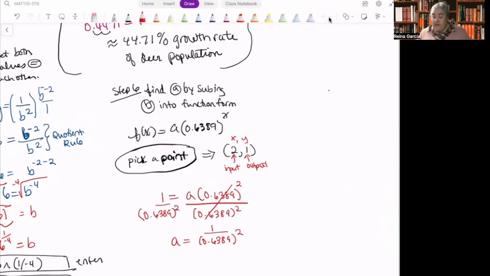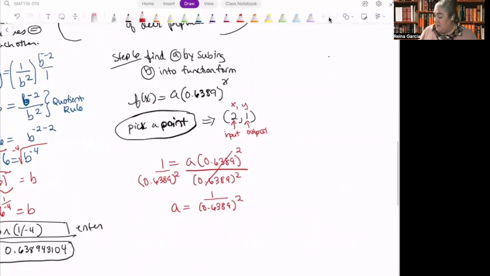If we put that into Excel or your calculator, because we're rounding off several places, a is approximately 2.4494.